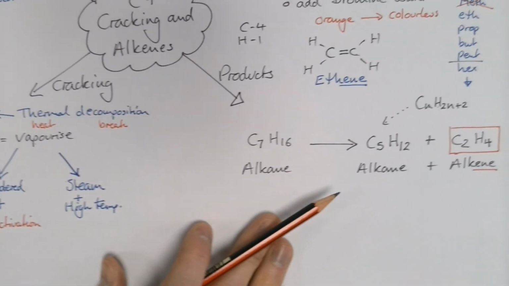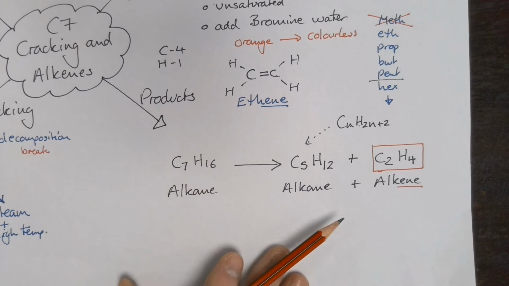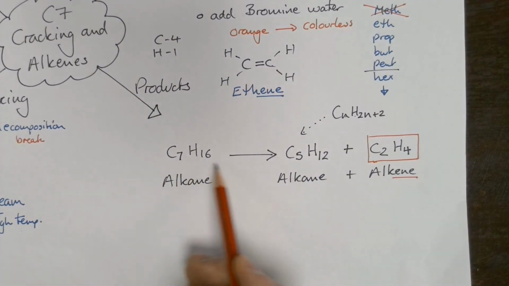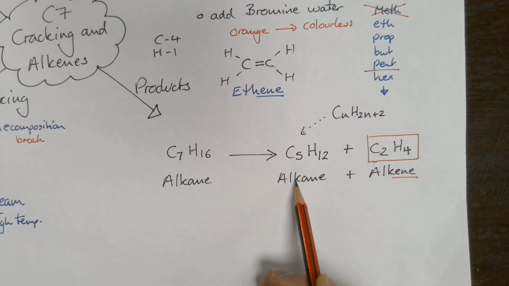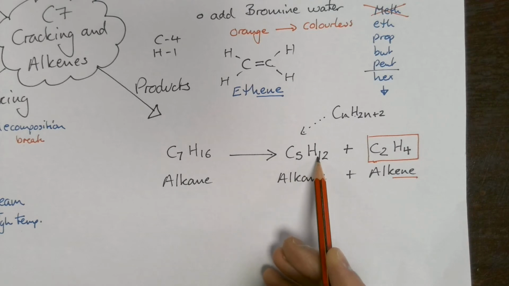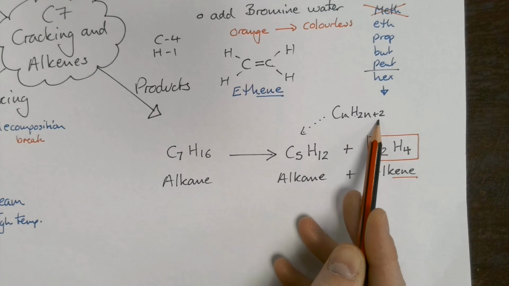So the products that you would get from this reaction, if you were to take this alkane with 7 carbons and 16 hydrogens, once this breaks, you would then form two smaller molecules. The first one I've broken at C5 to leave C5H12, so this will produce an alkane because it fits the formula CnH2n+2.